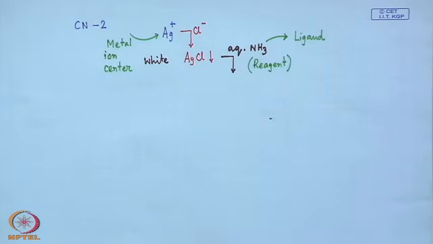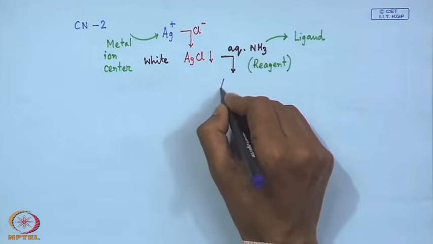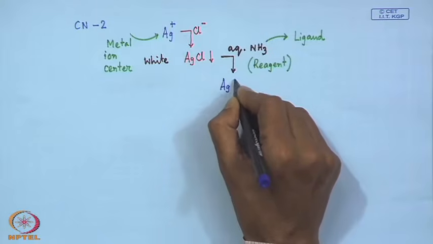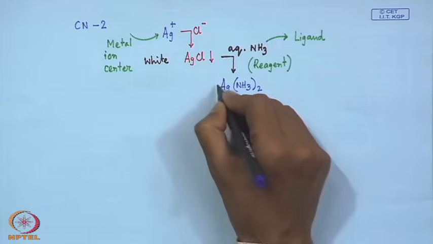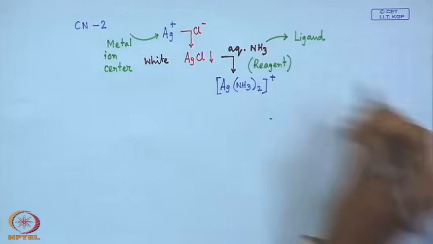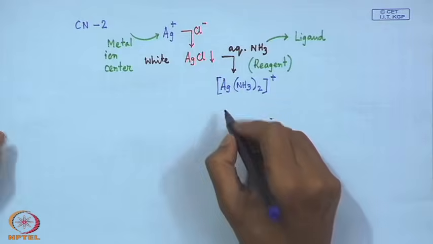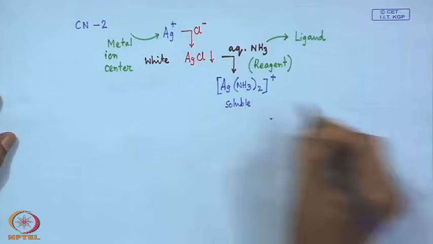So, we can have the interaction between silver chloride and ammonia, resulting in the silver ammine coordination complex, which is soluble.